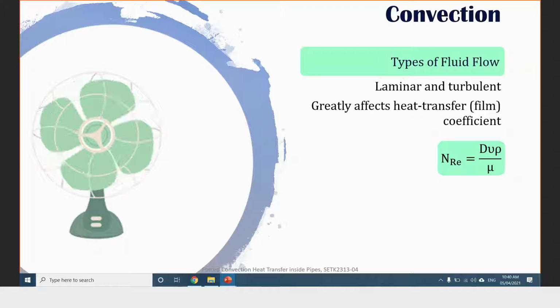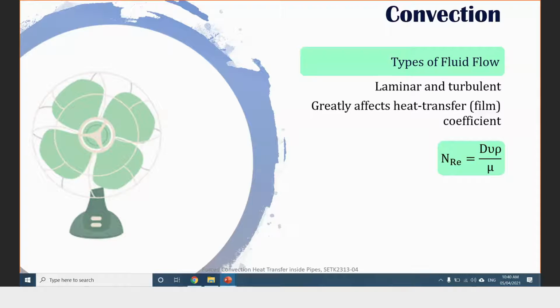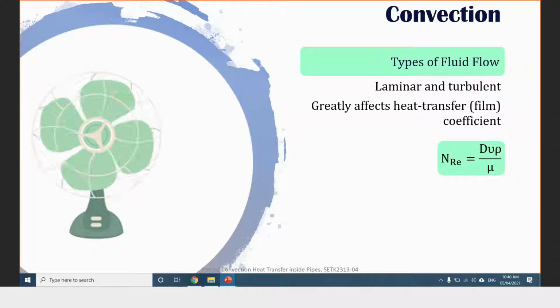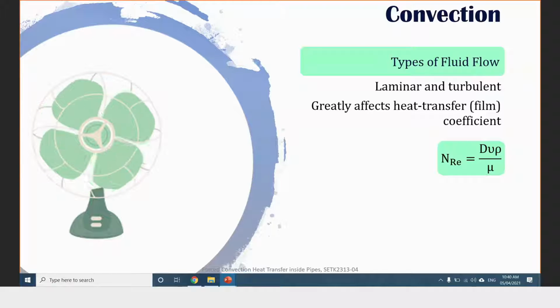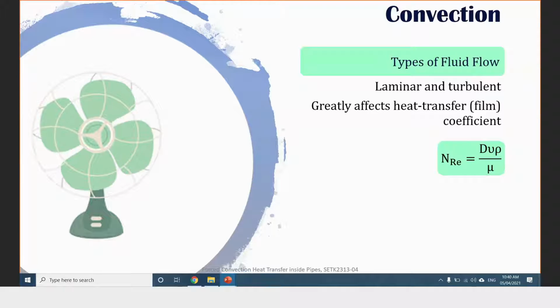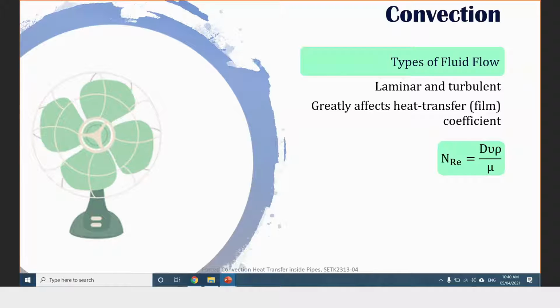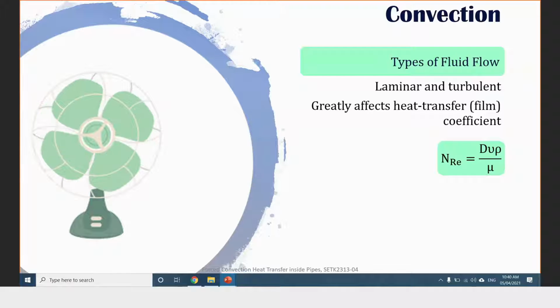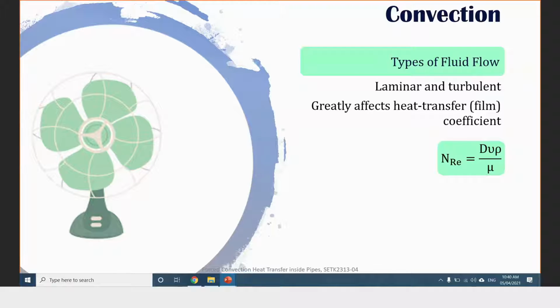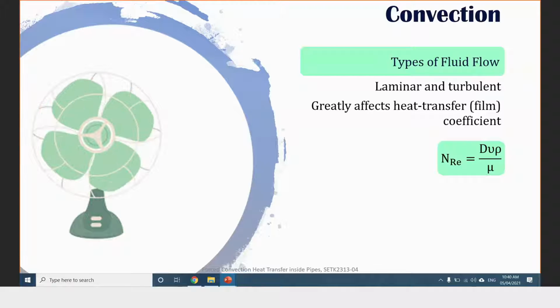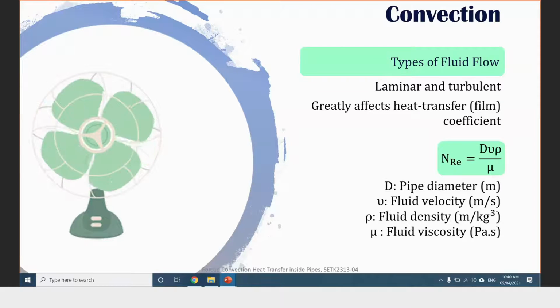Okay, so how do we characterize laminar or turbulent flow? How do I know if this flow is laminar, or if this flow is turbulent? At what point do we call this turbulent, or at what point does it go into the laminar region? So we can characterize this using the Reynolds number. The Reynolds number uses the pipe diameter, because in this case we are talking about convection in pipes.